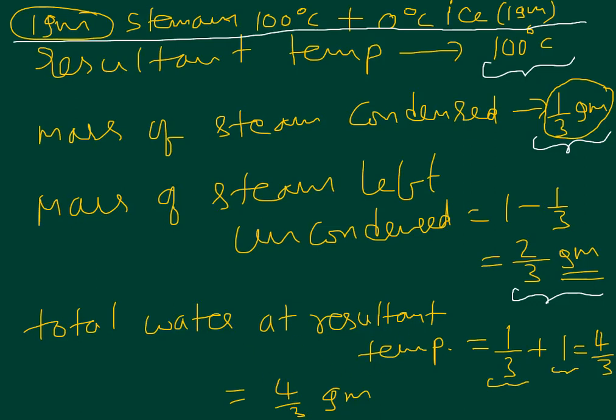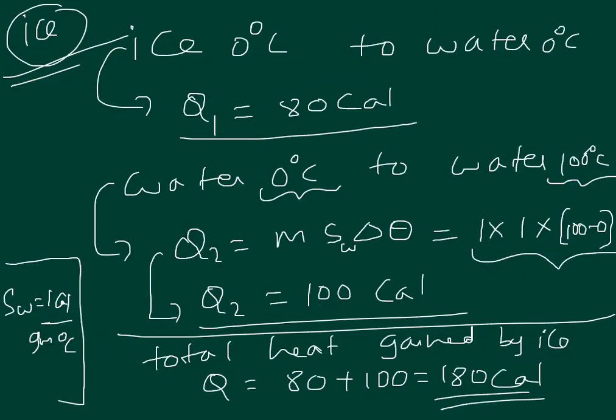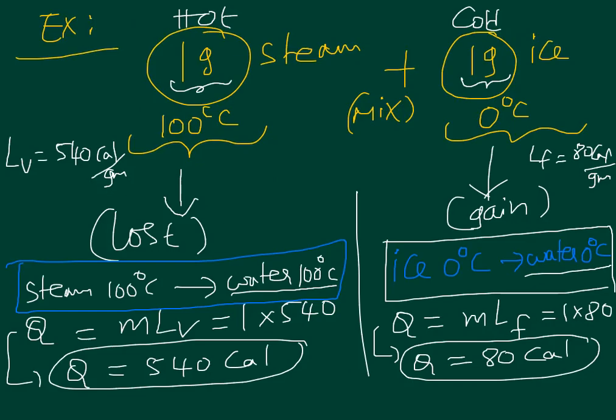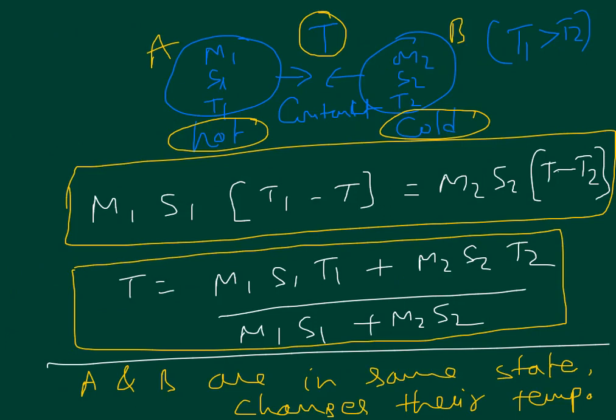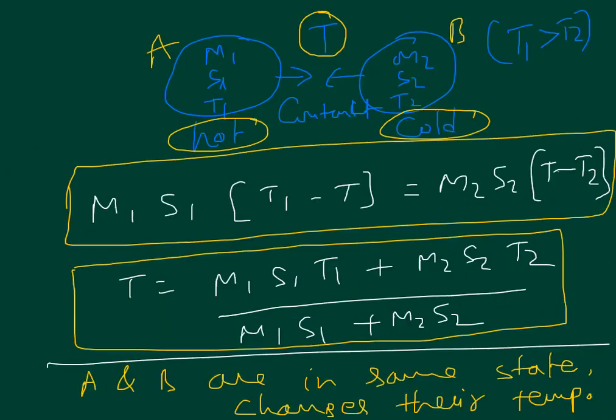So why I specified this topic: here there are two different states. One is steam, the other is ice, and they combine. Then we can't apply the resultant temperature formula T equal to m1 s1 T1 and so on.